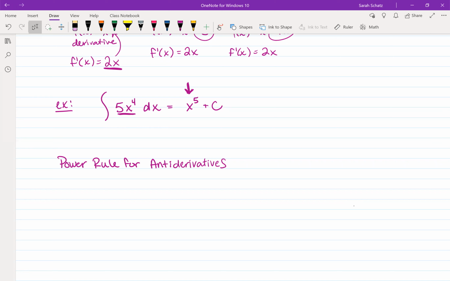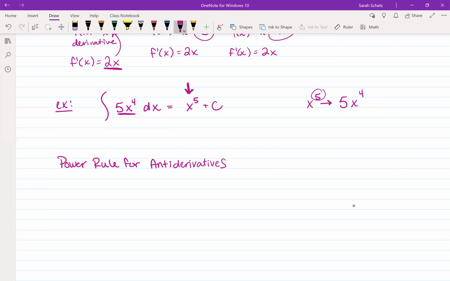And that should make sense, right? Remember, in a derivative, we took the power, we bring it down in front with multiplication, then we take one away. So for example, if you had x to the 5th, you would take this 5, put it down in front by multiplying, and then take a power away. So we're very good at that.